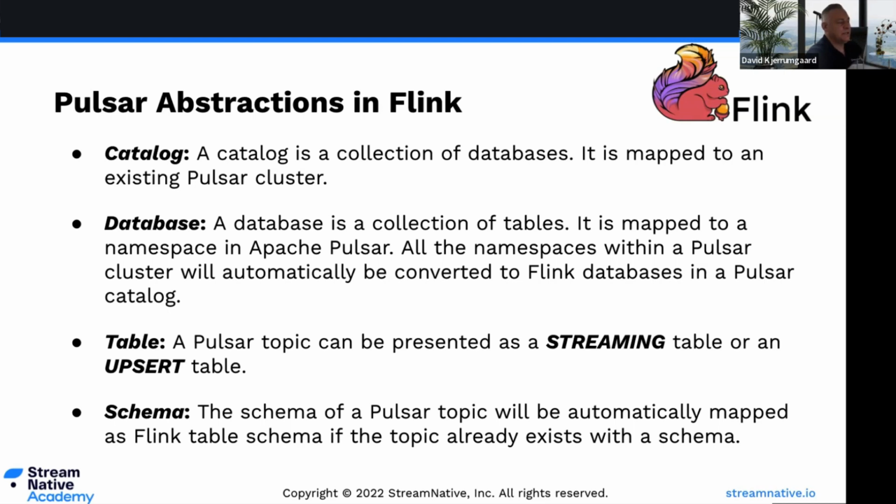So again, a database is a namespace in Pulsar. All the different topics are the individual tables, as shown here. Each Pulsar topic can be presented as a streaming table or an upsert table. We'll talk about the differences between those two in a little bit.